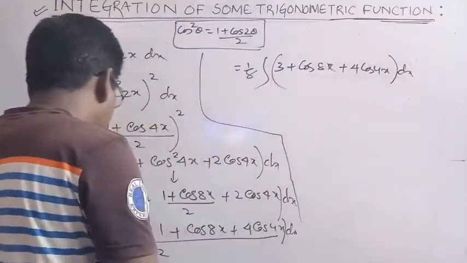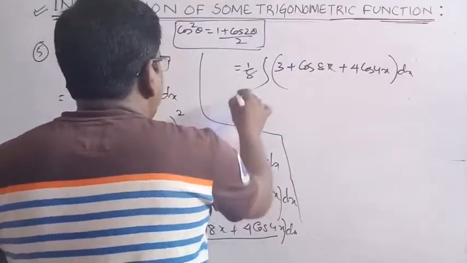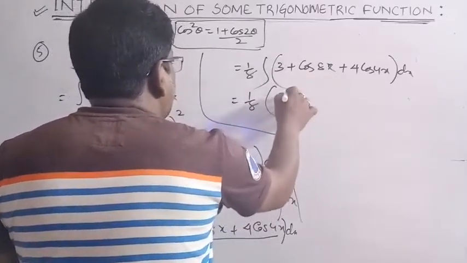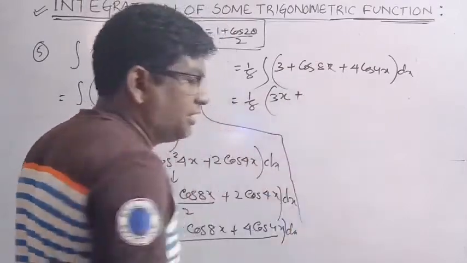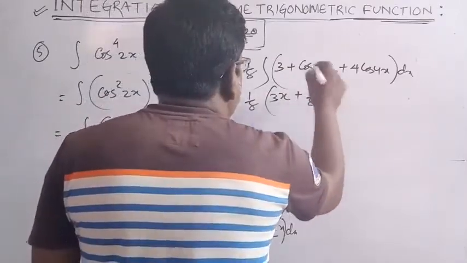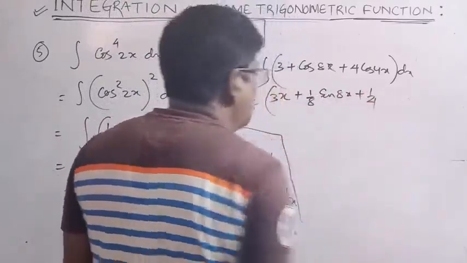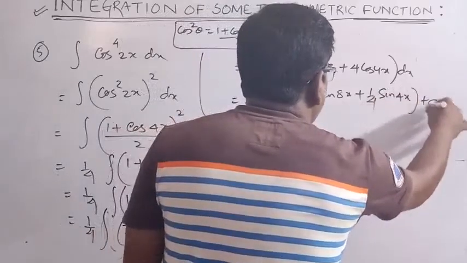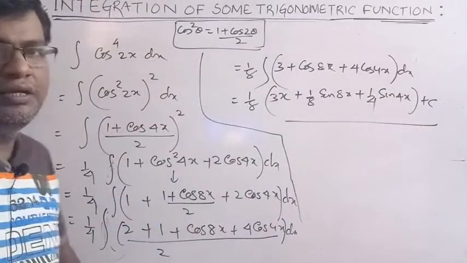So this is equal to 1 by 8 integration of 3 dx, 3x, integration of cos 8x, 1 by 8 sin 8x, plus 1 by 4 sin 4x plus c. This is the answer.